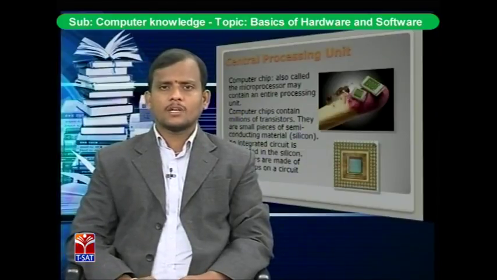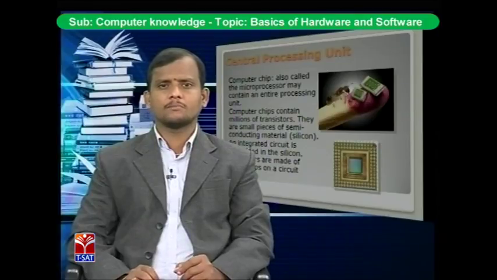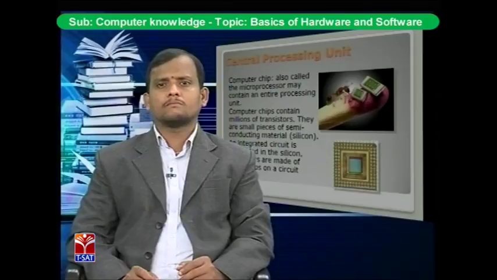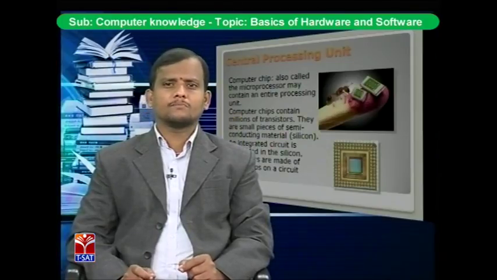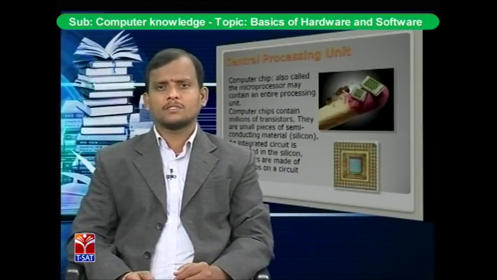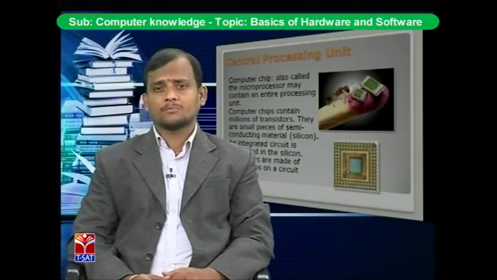So as I said, the central processing unit is a silicon chip. It's also called a microprocessor. It's a very small chip, integrated with silicon. The integrated circuit is enabled with the silicon, a computer made of many chips on a circuit board.